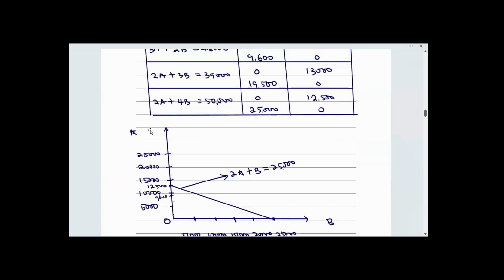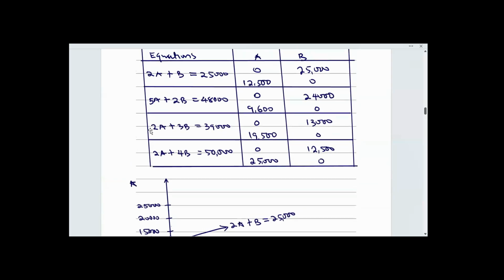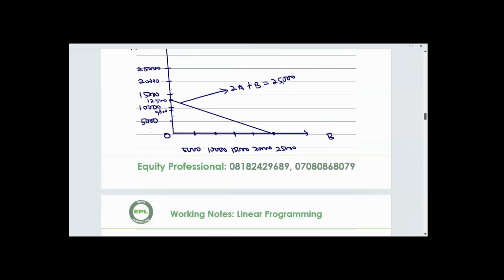Then B. B is 24,000. 24,000 is close to 25,000. Let me even redraw this one so that it will align. Okay, better. So let's say 24,000 is here.